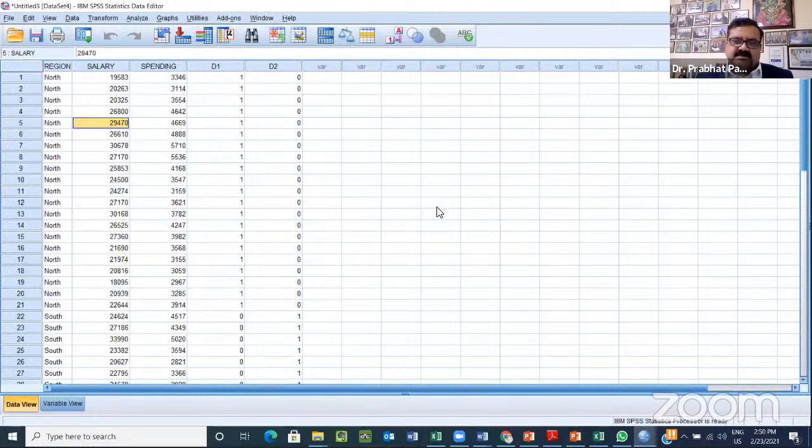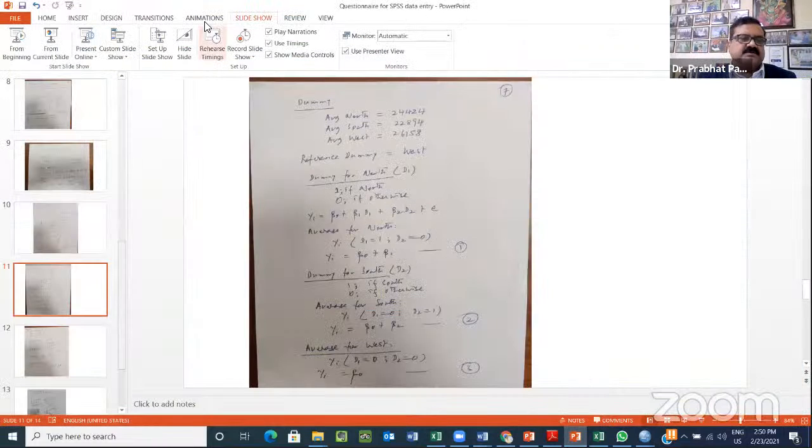There are many debates, but we are going by conventions in India, so our equation is always Y is equal to beta 0 plus beta 1 X. If you have more time, we can discuss the merits and demerits of these two approaches, but even without intercept, the equations can be run.